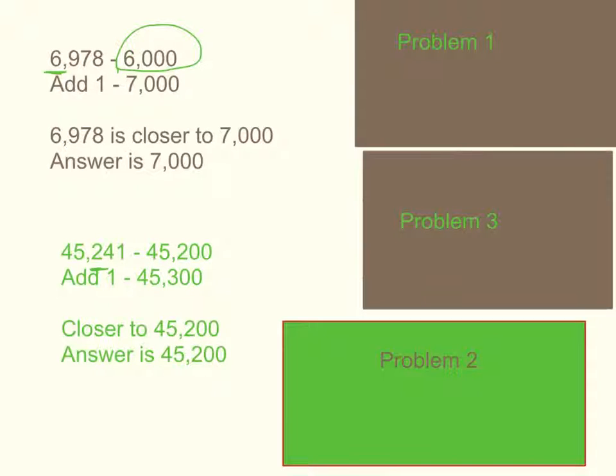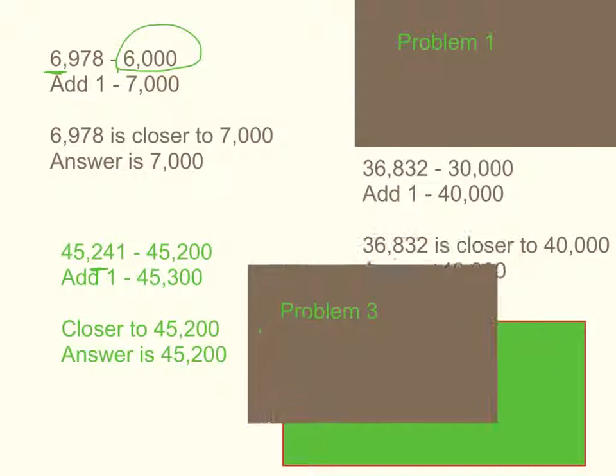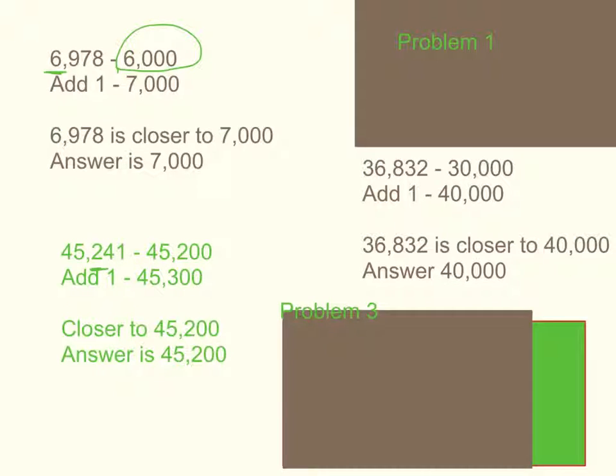On to problem 3. In problem 3, you have to take 36,832 and round to the nearest 10,000. Hopefully you underlined the 3 because that's in the 10,000s place. Then you took the rest of the digits behind and made them all zeros, so you got 30,000. You added 1 to the 3 to get 4, which gave you 40,000.